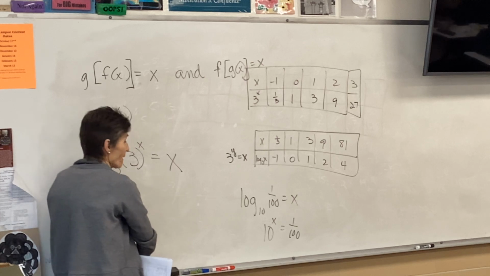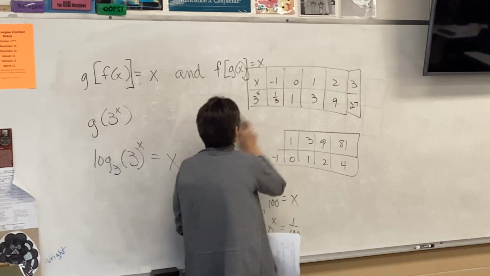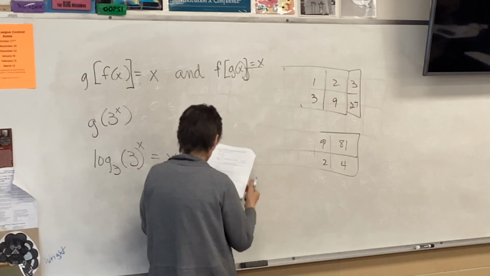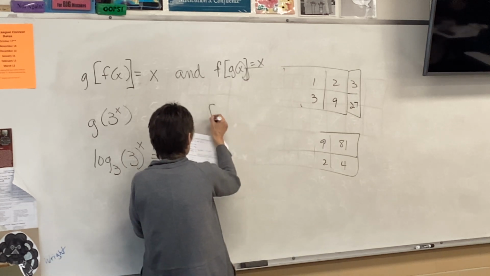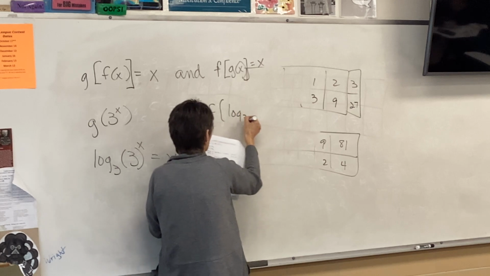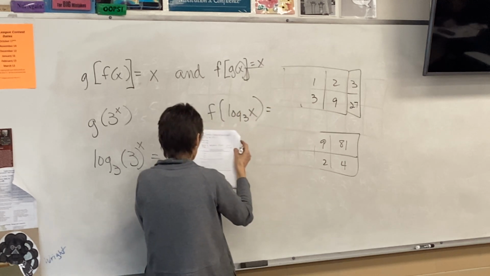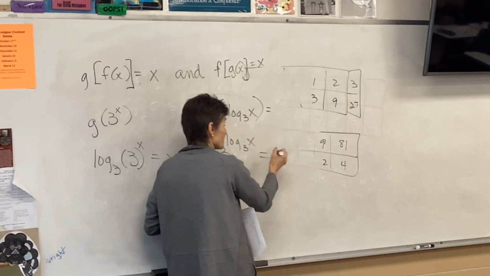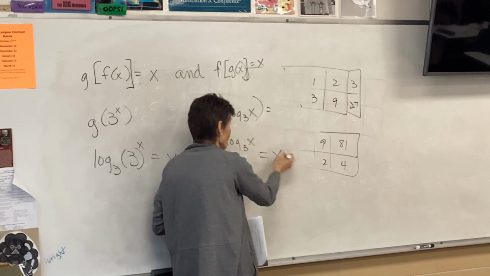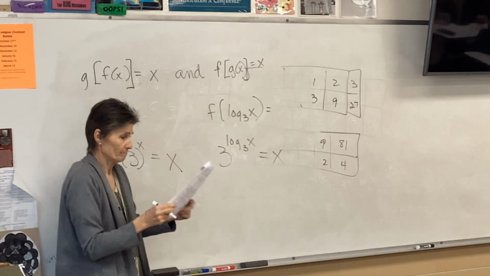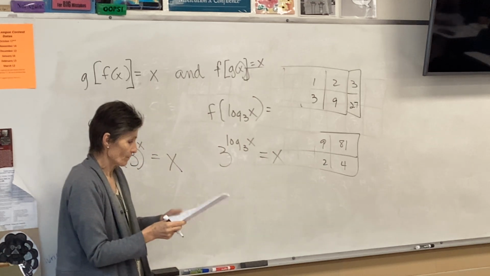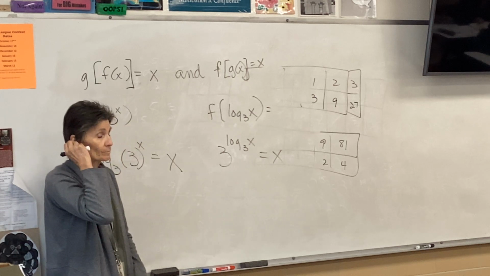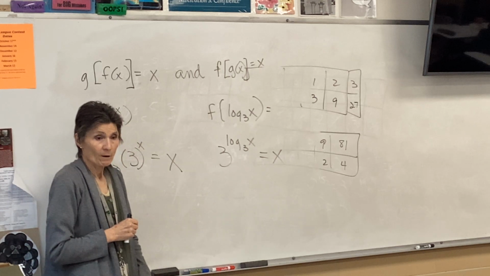We're not going to be confused by that. And then the other way, we're going to plug G into F. So that's going to be 3 to the log base 3 of x. And that is also x. Okay?